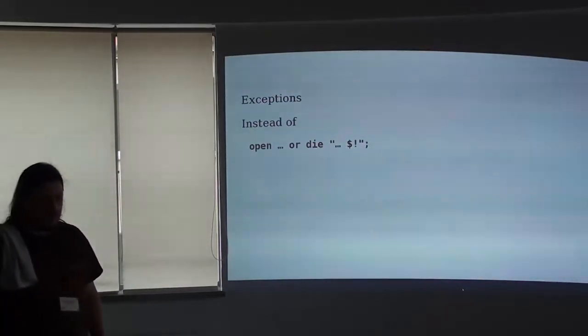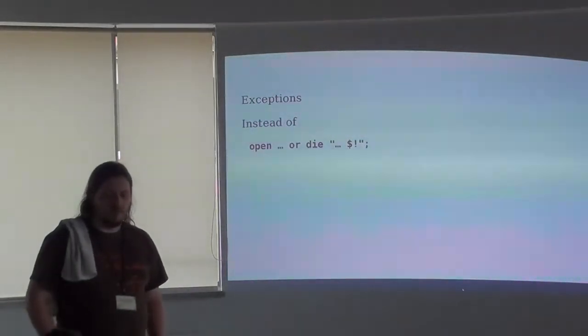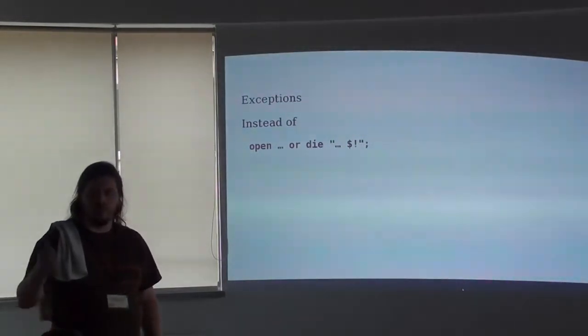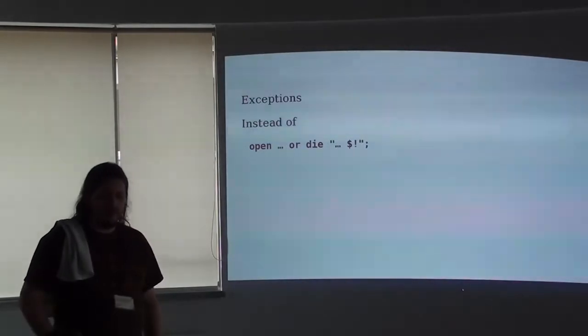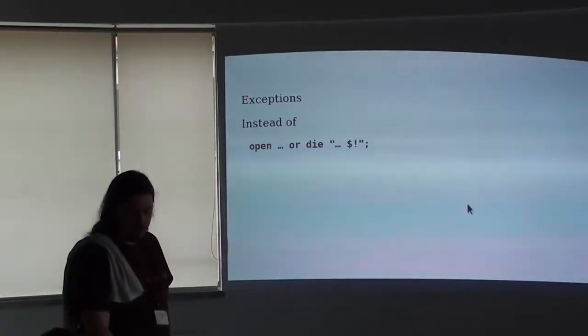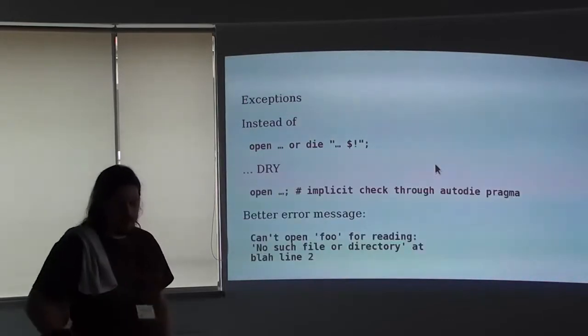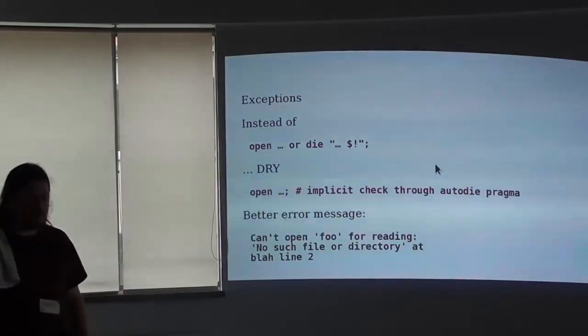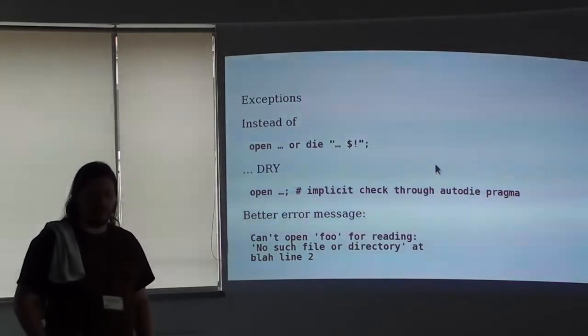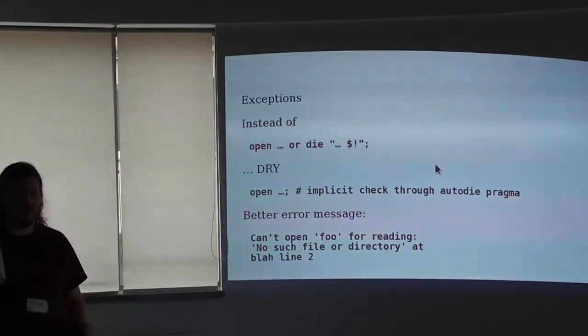So the exception handling is what was just left away, instead of checking every open, close, and the other built-ins. Instead of handling that yourself, you just use the original command, and you don't need to repeat yourself all the time, because the error checking is implicit through autodie.